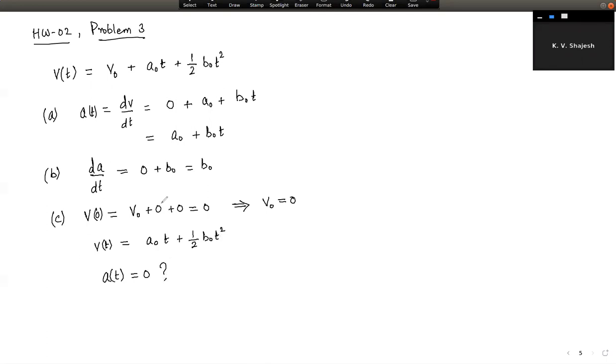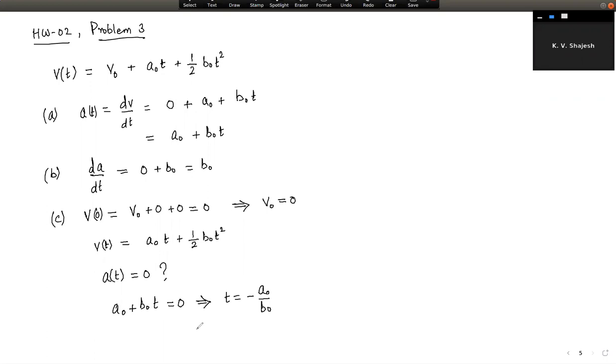So we plug in our acceleration, correct? So this is a naught plus b naught times t is equal to 0. That implies there is a special time when that happens. So that's t is equal to minus a naught over b naught. So I solve for that.